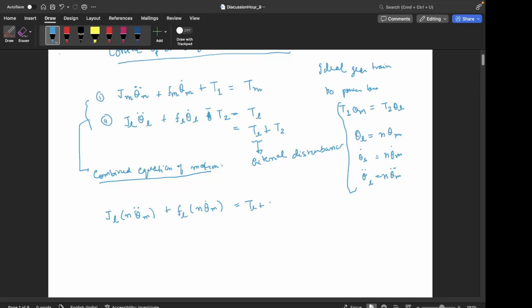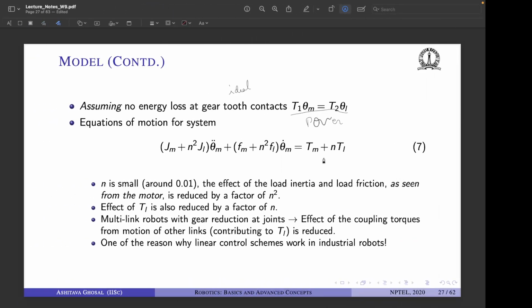Now T2 can be written as T1 theta m by theta L, right? And this can be written as TL plus T1 times theta m by theta L, and theta m by theta L is 1 by n. So this is T1 by n, right?